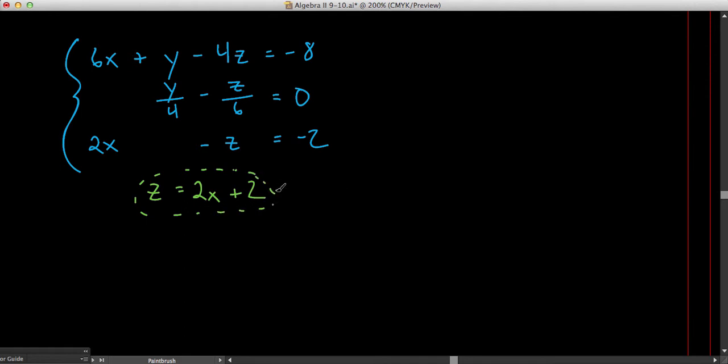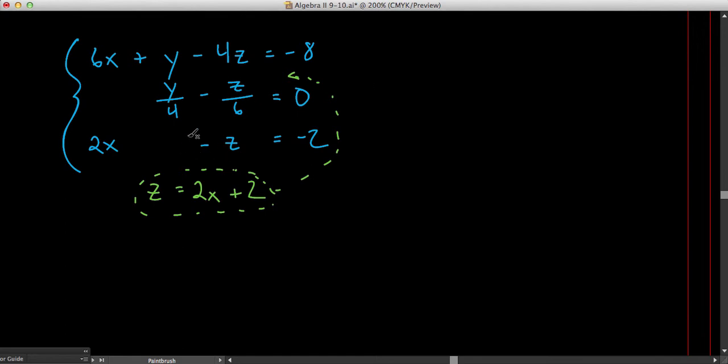So I want to take that and plug it into the other equation that has one other variable in it, y. So if I do that, then I'll have an equation in terms of y and x. And the end goal would be to have two equations, one z in terms of x and the other y in terms of x, so we can plug all of that back into the first equation and solve for x.